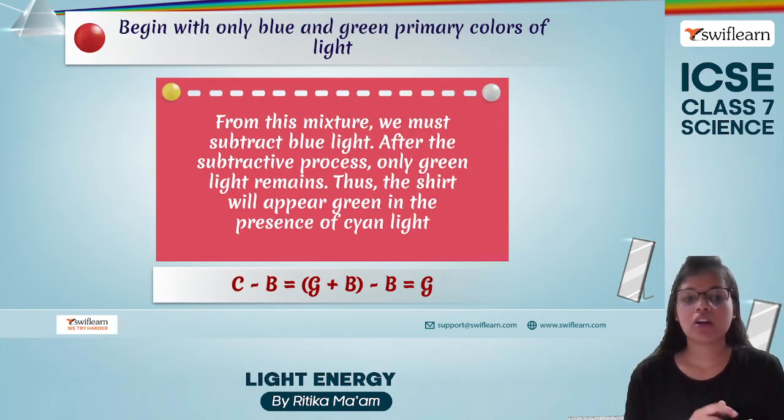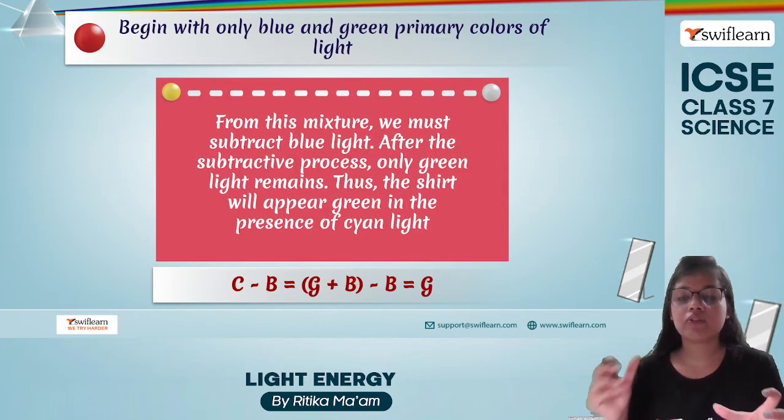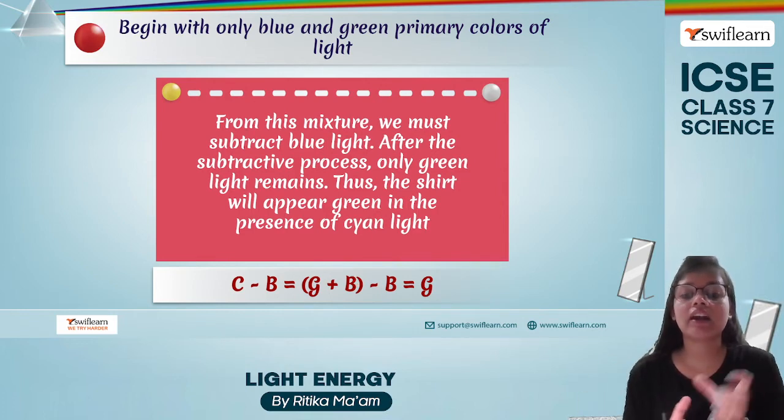Next, if I talk about only blue and green primary colors of light, we are subtracting blue light. So cyan minus blue: cyan is green plus blue, so if we mix green with blue, we get cyan color, right? And if we subtract blue from it, then we will see green color.